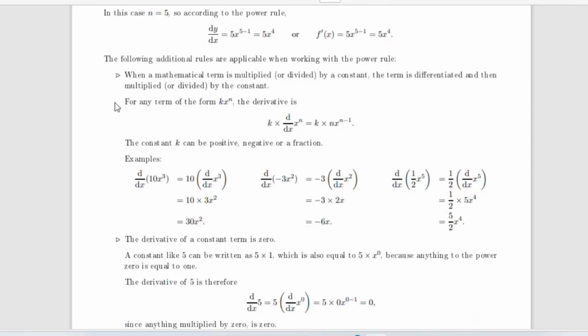For any term of the form k x to the power n, the derivative is: you take the k, you leave it as it is, it's a constant, and then you take that n, you bring it in front of x, and then you subtract 1 from that power of n.